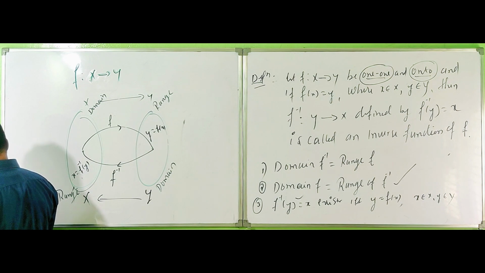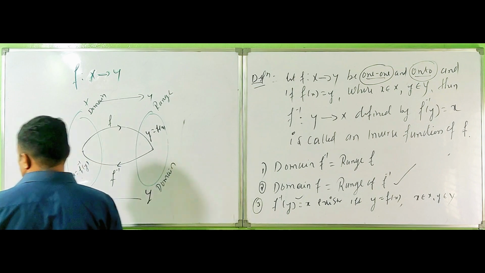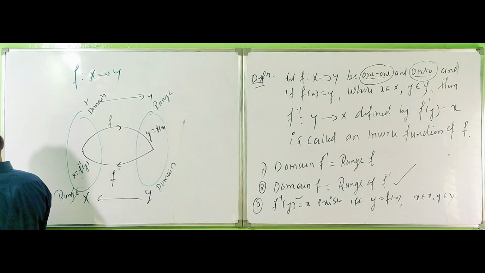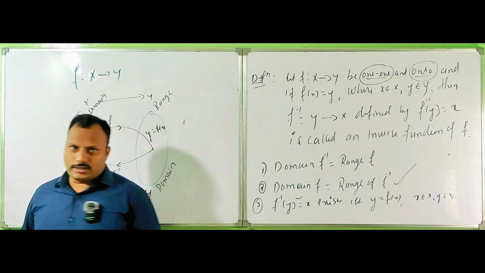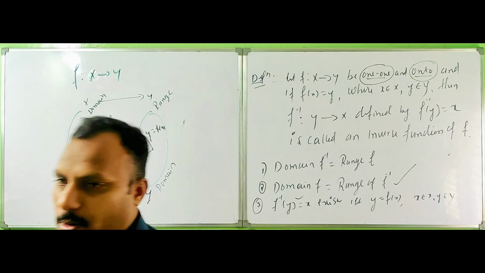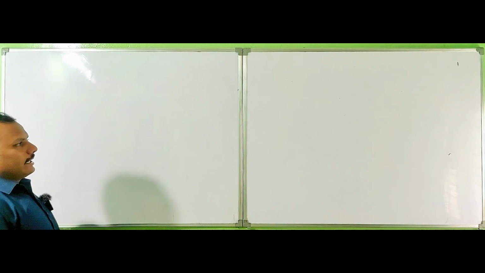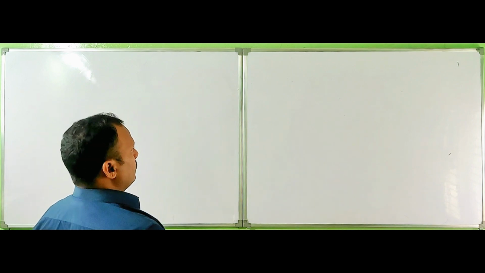F of x is equal to y. Let's see the identity function, some properties of the functions. So the next concept is the identity property, how it behaves here.